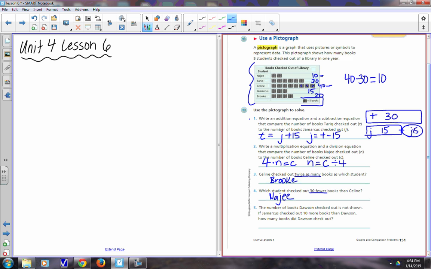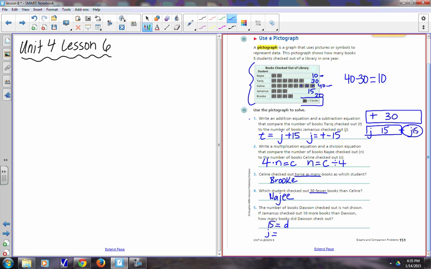So, the number of books Dawson checked out is not shown on this pictograph. If Jamarcus checked out 10 more books than Dawson, how many books did Dawson check out? So Jamarcus has how many? 15. So this is Jamarcus, equals, Jamarcus checked out 10 more books than Dawson.